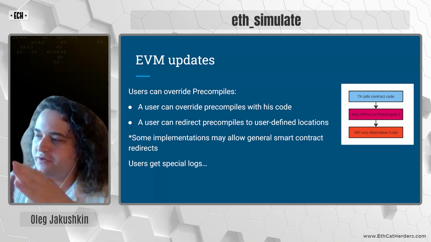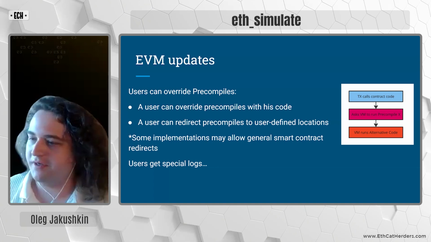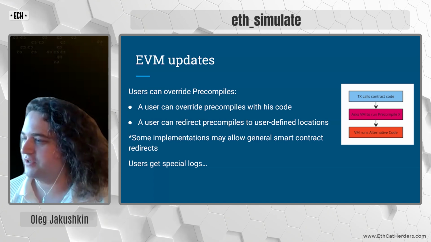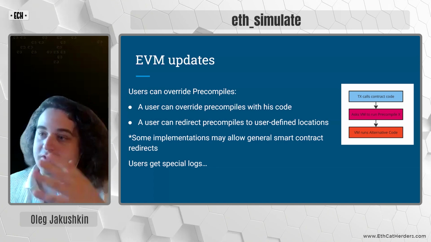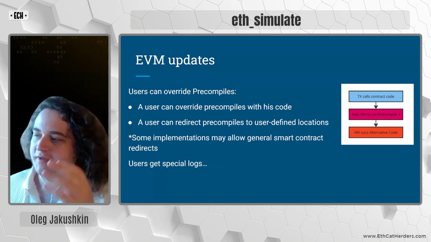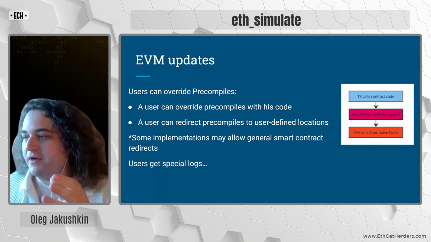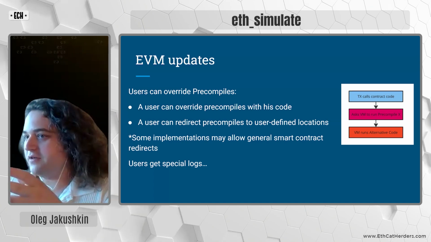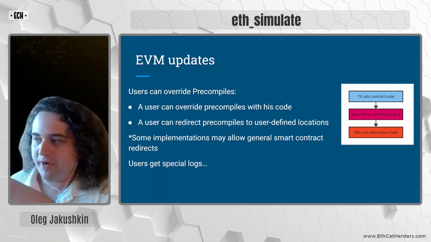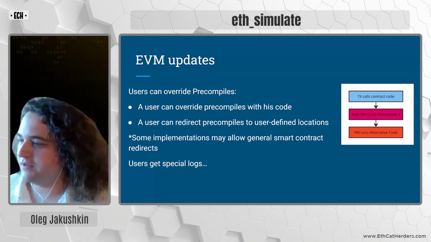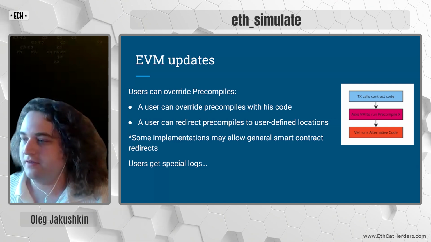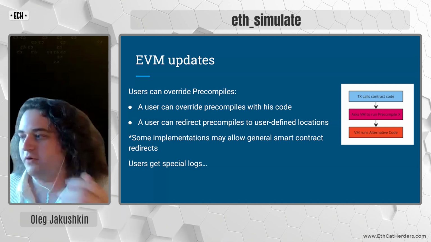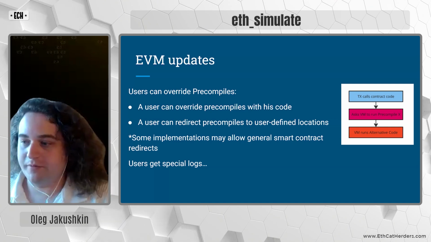This redirection of precompiles is one of the biggest changes to the EVM we had to make. A transaction calls some code, that code calls a precompile, and if the precompile is redirected, we are not using the precompile code but the code that was provided to us as an alternative, and the contract still thinks it was calling the original precompile.